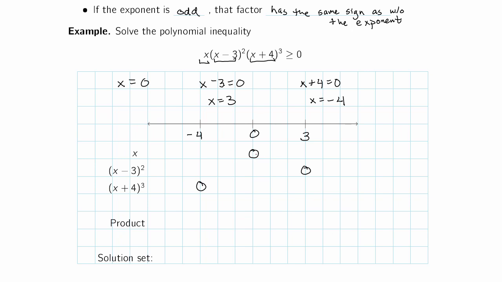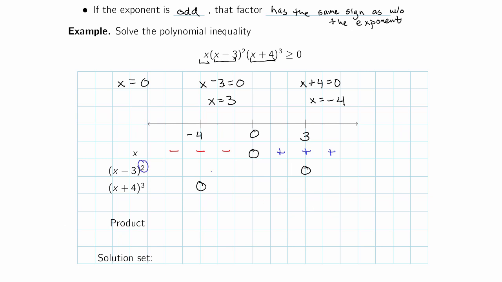So this x factor is negative to the left of 0 and positive to the right of 0. X minus 3 is squared.